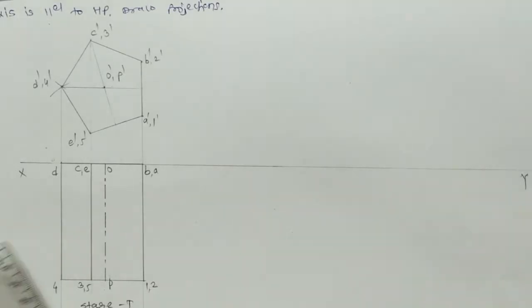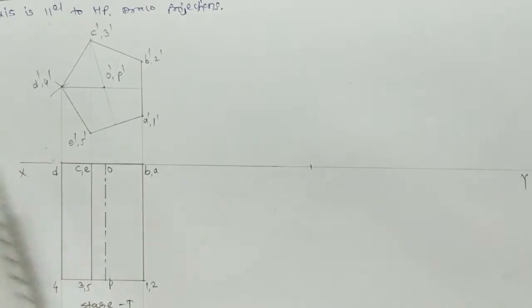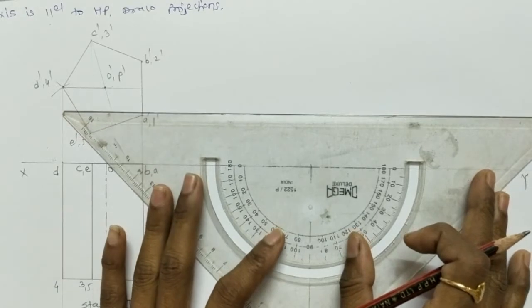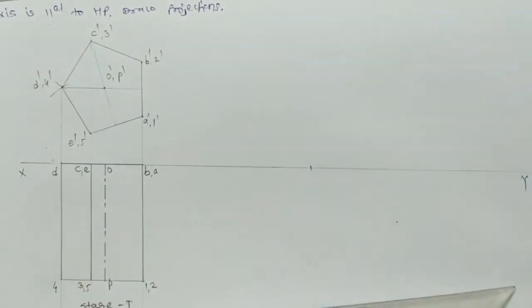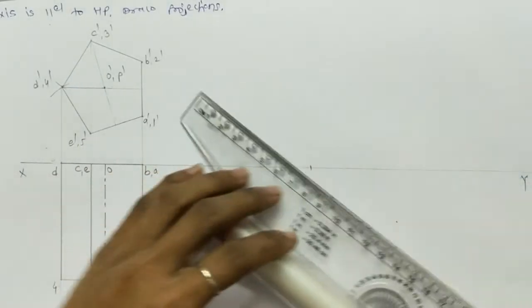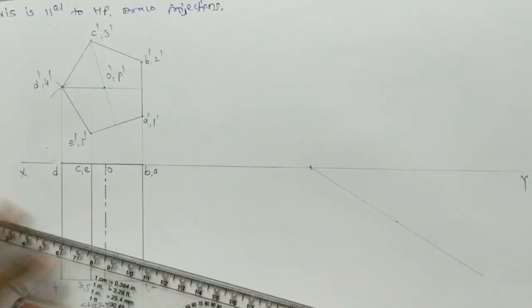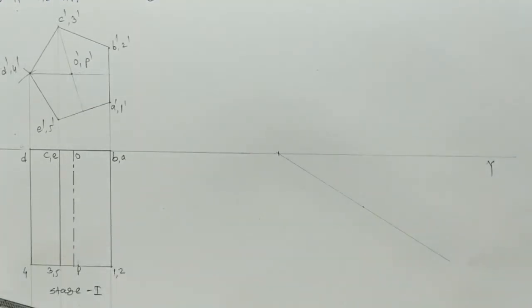So for this, take any point on the XY line and measure a 30 degree angle, and draw a line. Now draw a perpendicular line to this line for drawing this line.